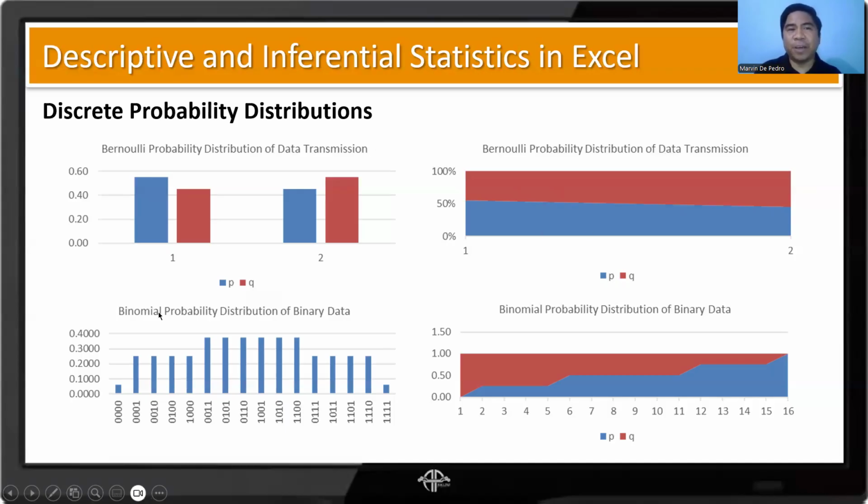Unlike when we talk about binomial, it becomes something like a zigzag or a varying staircase-like distribution. The binomial probability distribution is something like tossing a coin several times.